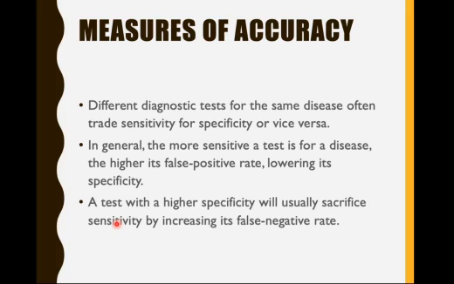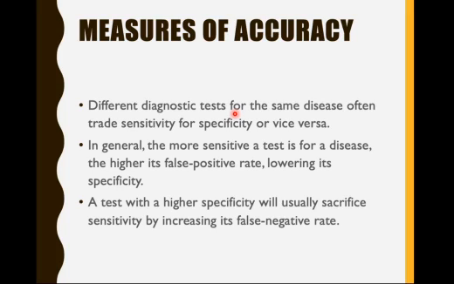But as we said a while ago, the different tests for the same disease often trade sensitivity for specificity. So if the sensitivity is high, the specificity goes down. It's very much like a seesaw. When sensitivity goes up, specificity goes down.